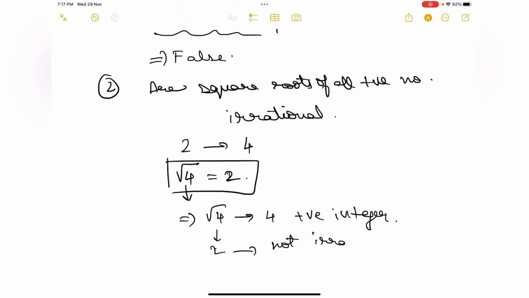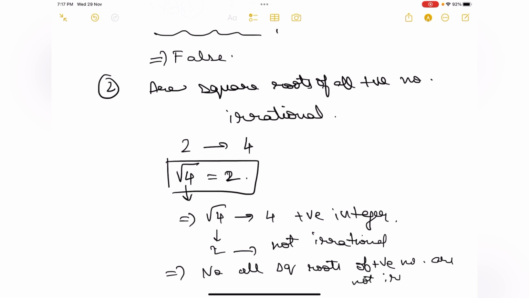It is a rational number. Therefore, this implies that no, the square roots of all positive numbers are not irrational.